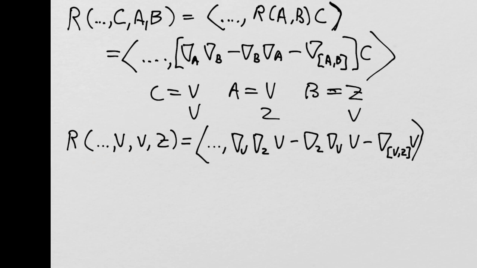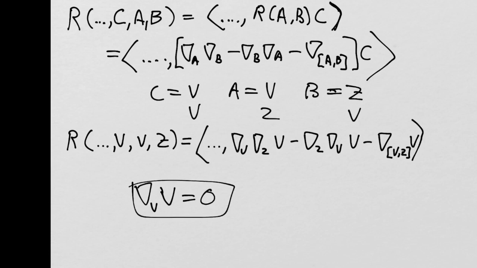And so that's this curvature tensor applied to our newly created vectors that are special. This is a special application because V is the tangent field to a family of geodesic curves, and Z is a specific connecting vector that connects those geodesic curves together. And we know some things about them. For example, for any geodesic curve, if the tangent of the geodesic curve is V, the covariant derivative in the direction of the tangent has to be zero by definition.